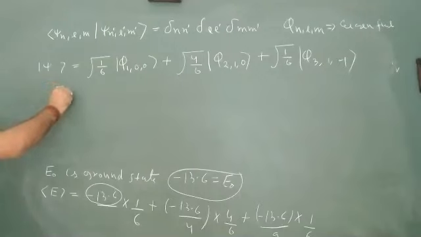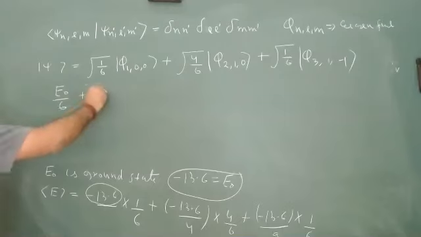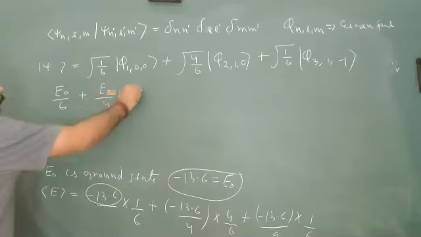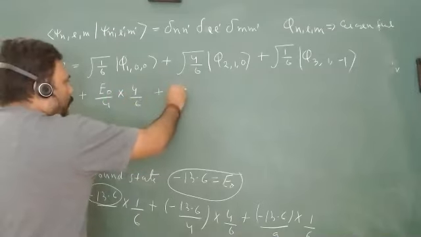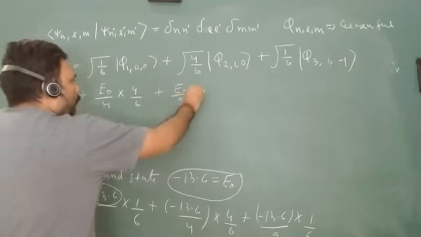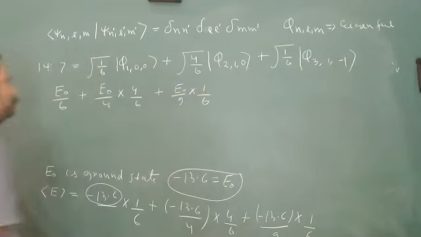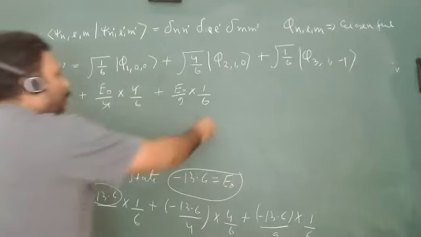The average value of energy is E naught by 6 plus E naught by 4 into 4 upon 6 plus E naught upon 9 into 1 upon 6. So if you want, you can just calculate it. This and this will cancel out.